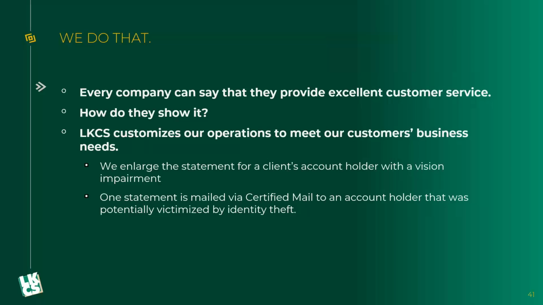So two examples of that. One is we enlarge the statement for one particular account holder that has a vision impairment. It was less expensive and easier to basically enlarge that, print it out on a larger sheet of paper each month than to charge the client to program a large print version of their statement for one member.